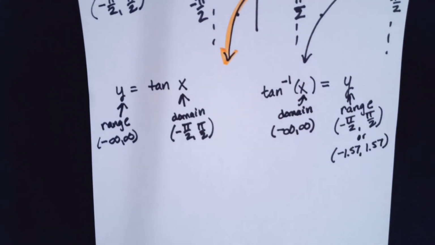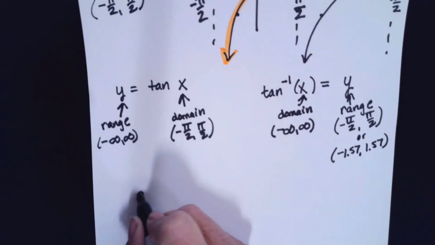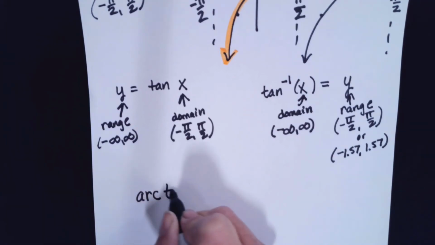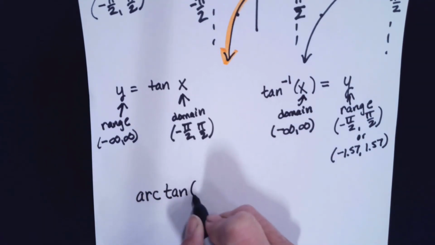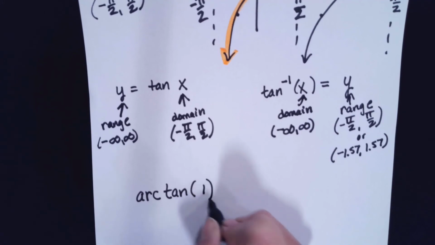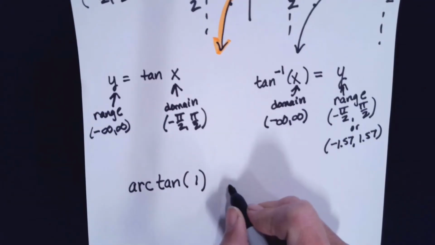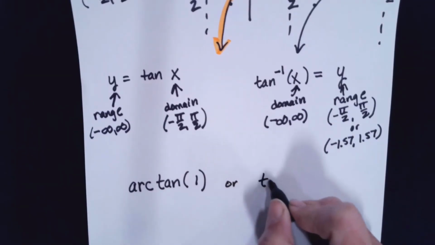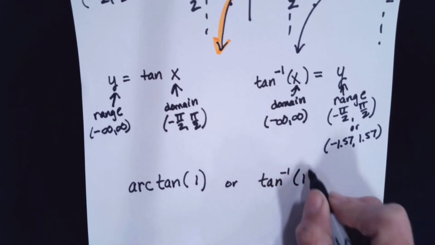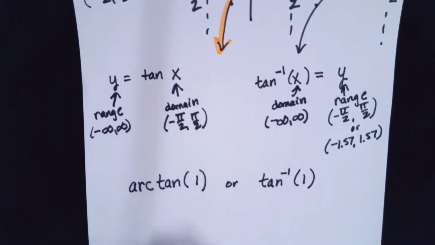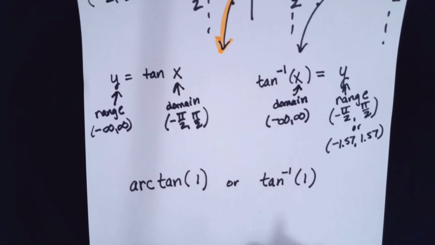So if we look at an example problem, if they asked what's the arctangent of 1, or inverse tangent of 1, those mean exactly the same thing. Those are exactly the same question.